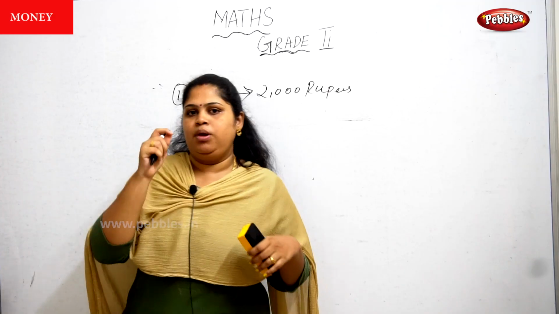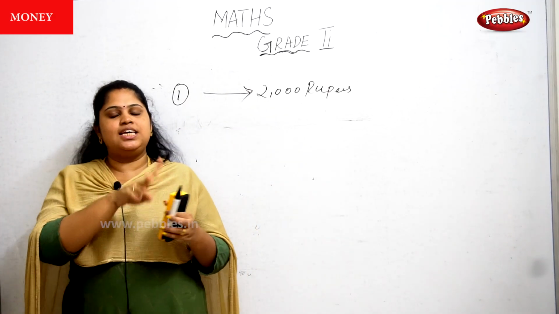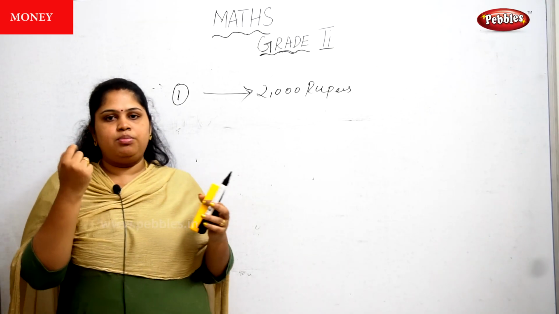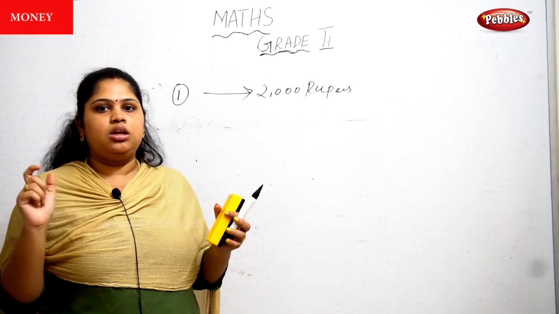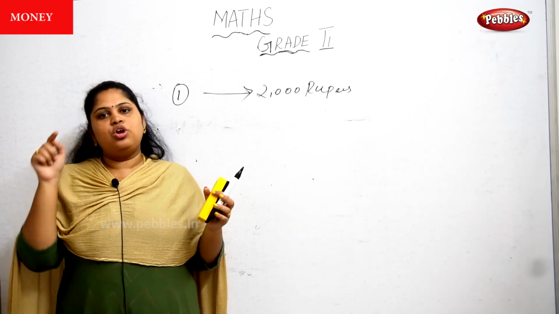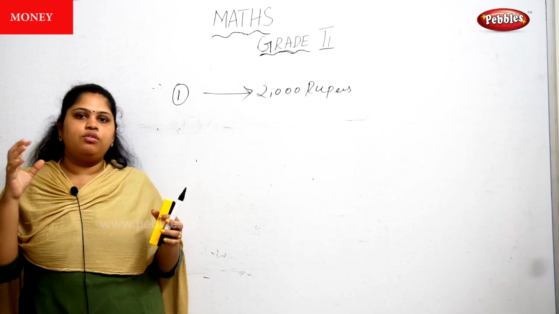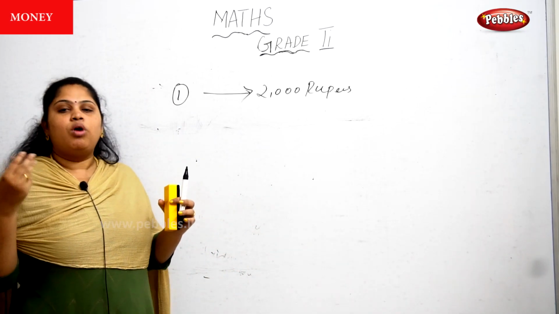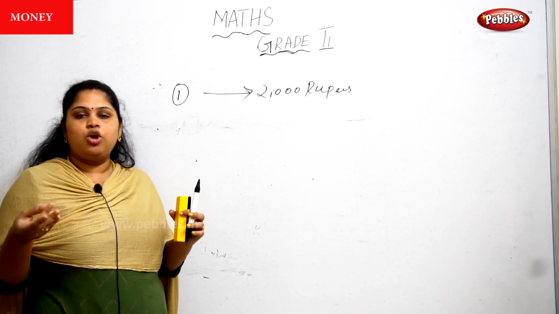A coin, you can already see it, isn't it? It is of a coin type, made of some iron material or a combination of copper material, in a round shape. That is what we call a coin. Nowadays you can find a 1 rupee coin, 2 rupee coin, 5 rupee coin.